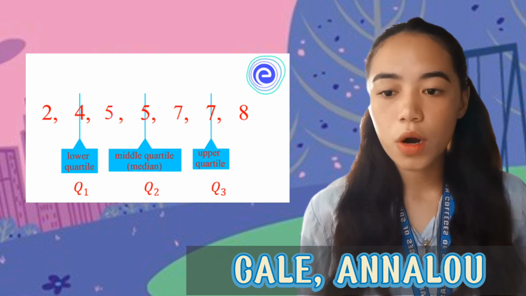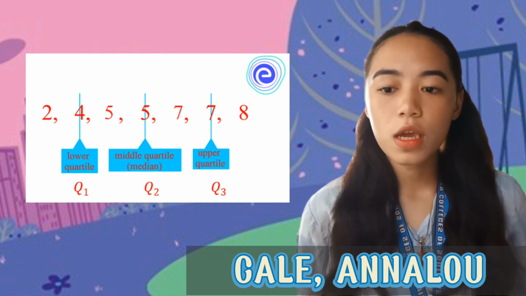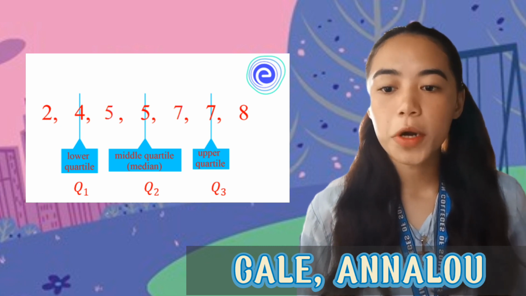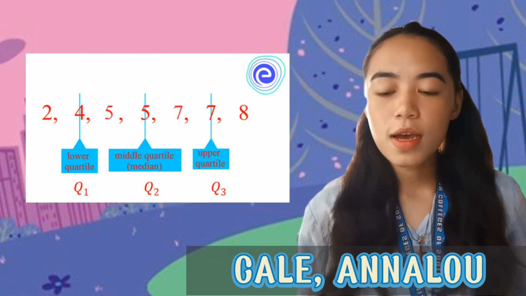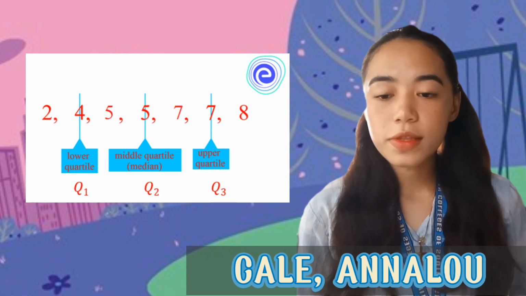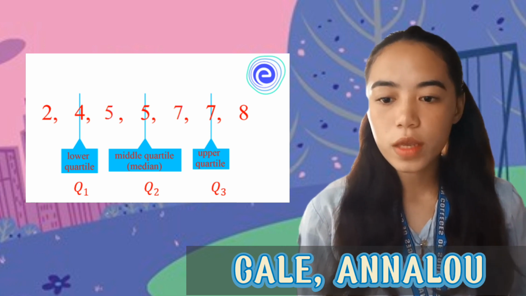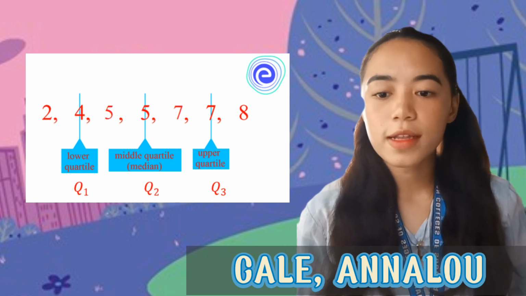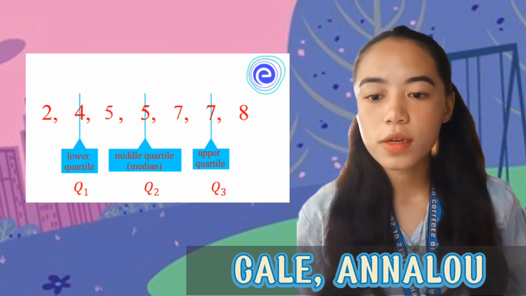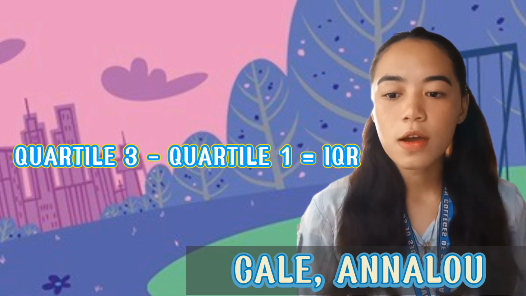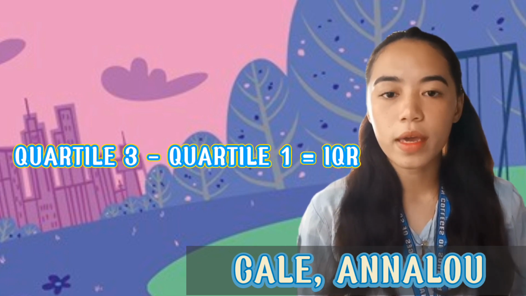IQR is equal to Q3 minus Q1, with IQR denoting the interquartile range. Q1 stands for quartile 1, or the lowest quartile, and Q3 stands for quartile 3, or the top quartile. So, we'll just subtract the value of quartile 1 from the value of quartile 3.